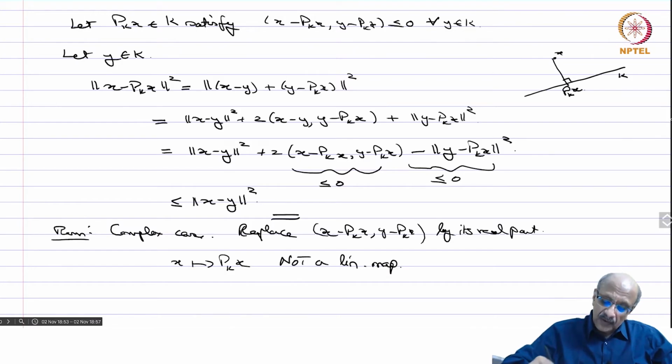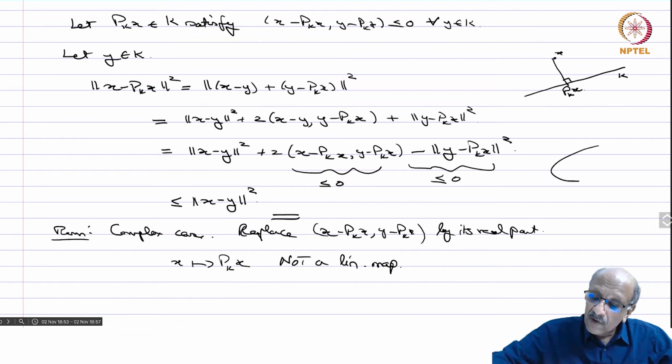Now what does this condition tell you? The inner product of x minus P_K x and y minus P_K x. So you have a convex set here, and P_K x, let us say, is the closest point to x. Okay, so these are vectors, and it tells you that this angle should always be obtuse.